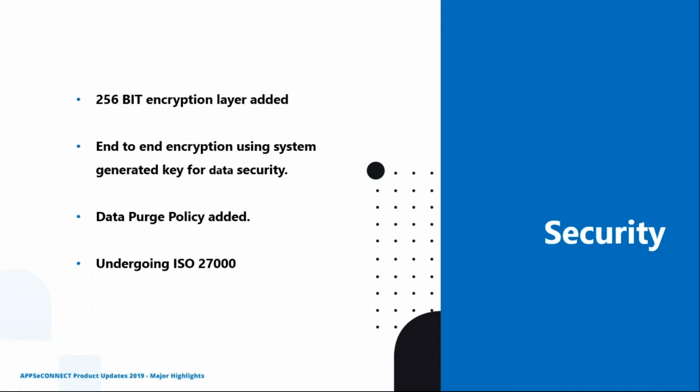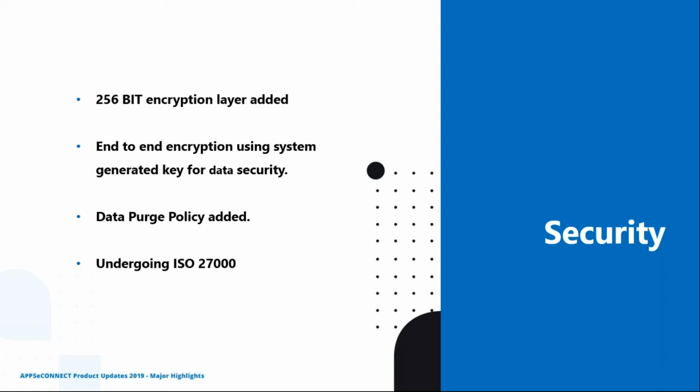During this year, we changed the encryption algorithm from 128-bit encryption to 256-bit encryption. The keys are much more complex, and it gives you a more secure layer for your application. We have also added end-to-end encryption on the system generated key for the organization.